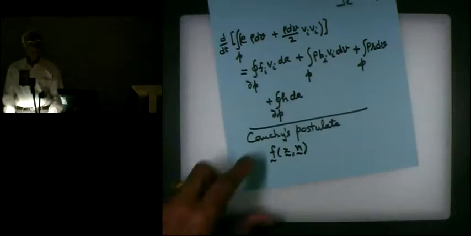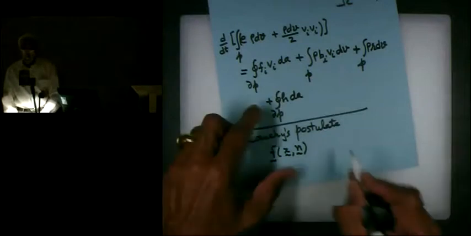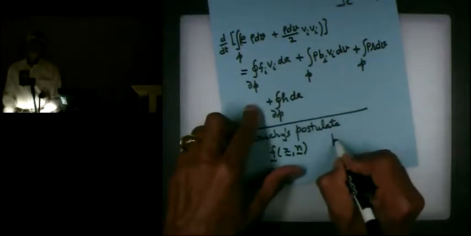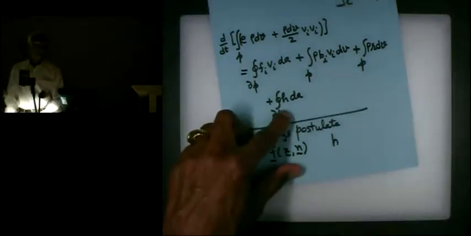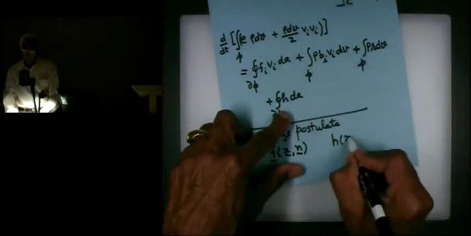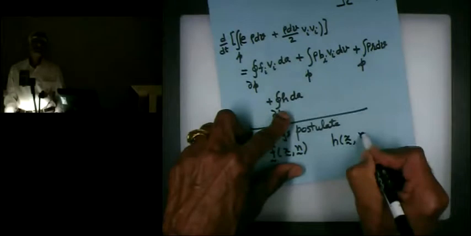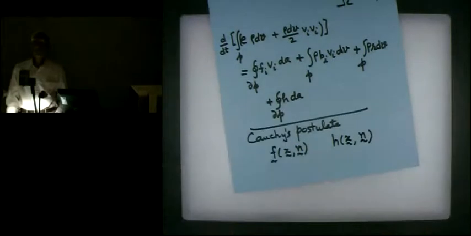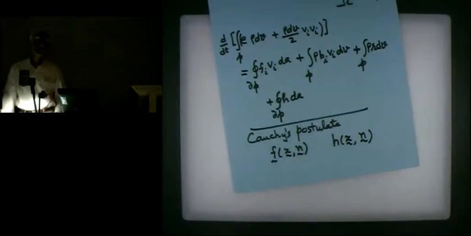The analog of that is this rate of contact energy, the thermal energy we are saying, H. It depends upon the orientation of the surface only through the outward normal. So this H, the rate of energy received through the common interface, depends upon the orientation of the interface only through the outward normal.